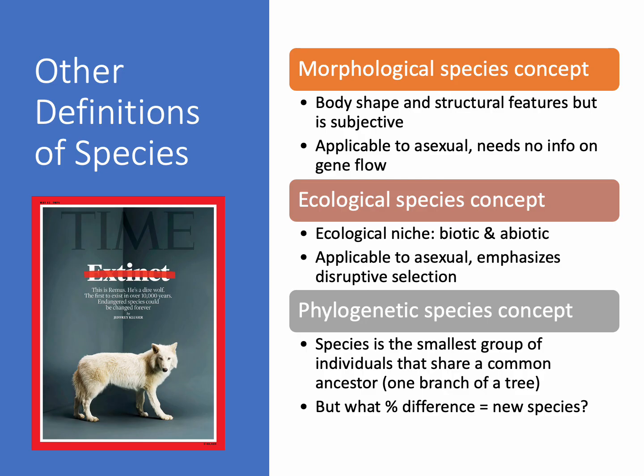And the ecological species concept is basically arguing that if a species occupies a particular unique ecological niche, then it's probably a member of a species that does that, right? So if the dire wolf does dire wolf-like things, then maybe it is a dire wolf, is basically what they're saying. So both of these species concepts are able to be applied to asexually reproducing critters, not just sexually reproducing species.